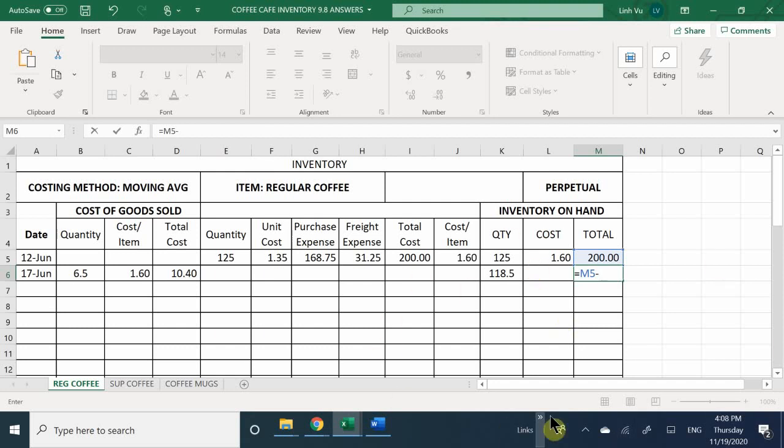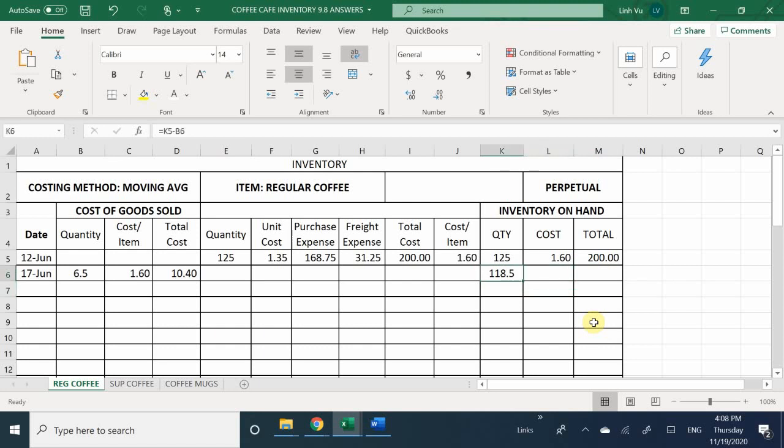And I want you to do your calculations on the second line, right underneath it. So what I did was, for my quantity, I equaled it 125 minus my 6.5.